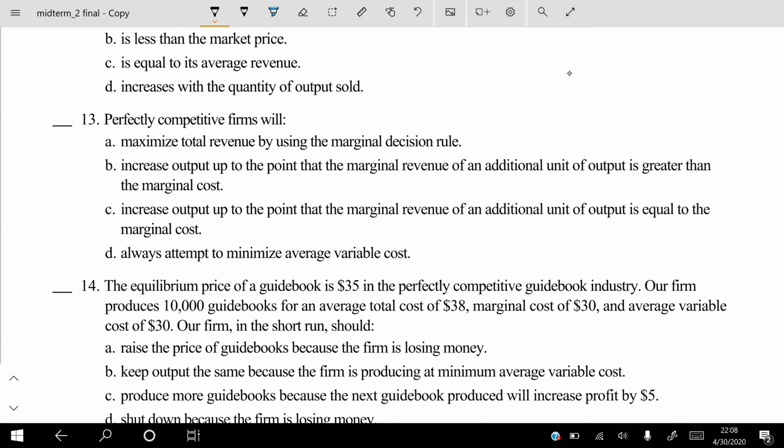So this is asking about a how much decision. And that's always comparing marginal revenue to marginal cost. And so the answer here is C.